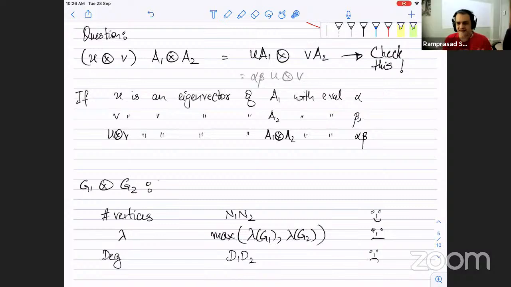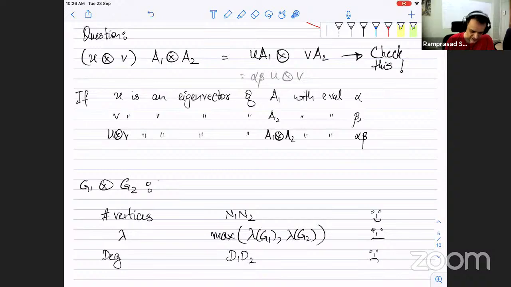So which is why I'm simplifying here and saying that we are working with d-regular graphs. But if it is not d-regular, then the normalized adjacency matrix itself is not the right thing. You should be looking at the random walk matrix. And the right way of saying that is the random walk matrix of the tensor product is the tensor product of the random walk matrices. Yeah. So then there is not a global normalization factor. One needs to be a bit more careful.